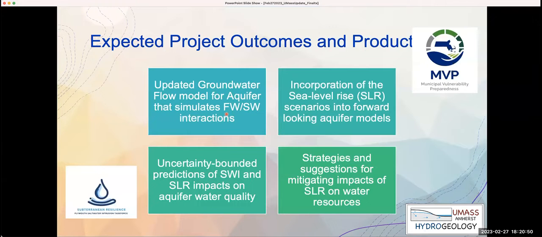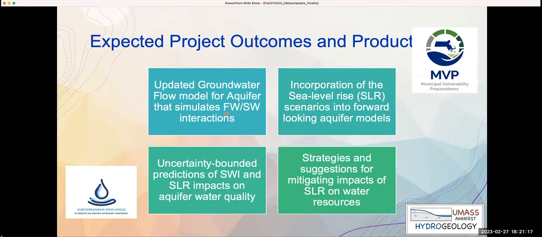All right. So, again, just to bring everybody up to speed, what we've been focused on is developing a tool, this groundwater flow model, that allows us to assess the interactions between freshwater and saltwater in this coastal aquifer.